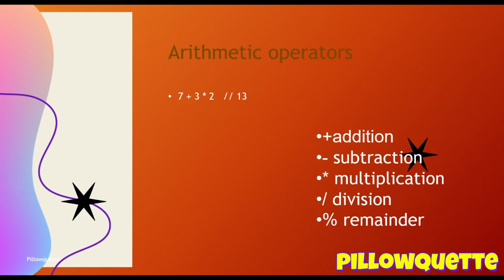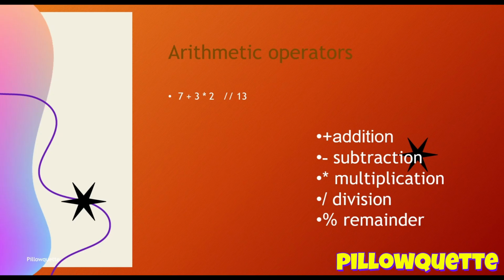So in arithmetic operations, when you're using C#, it supports all the basic arithmetic operations. We have addition, subtraction, multiplication, division, and the remainder operator. One important thing to remember is operator precedence.